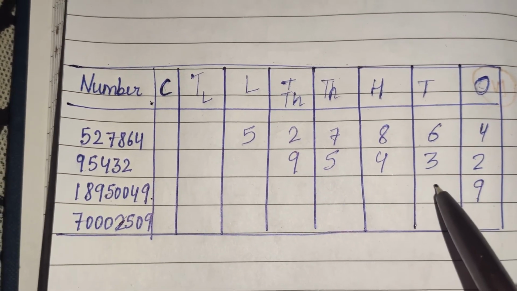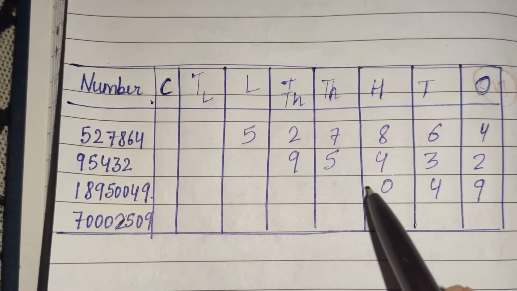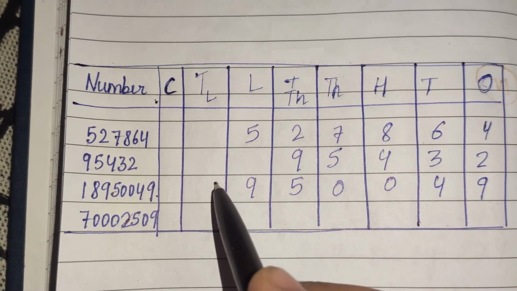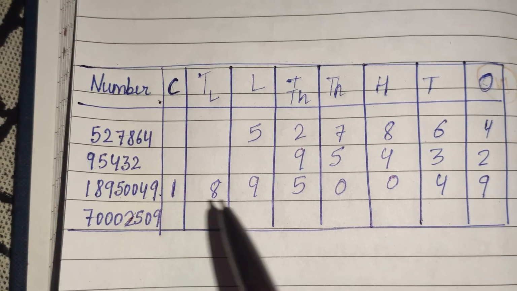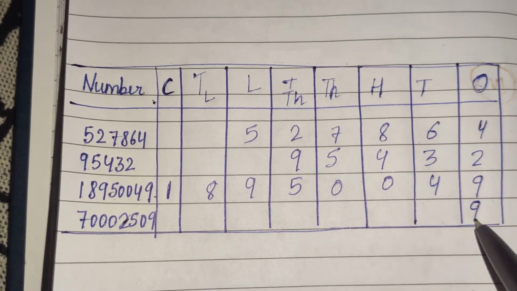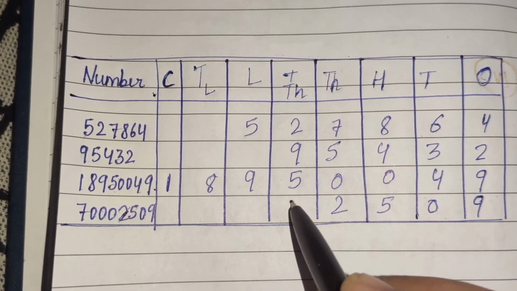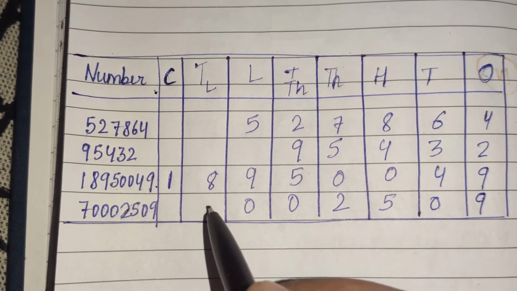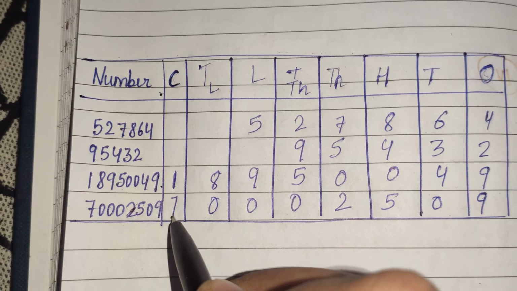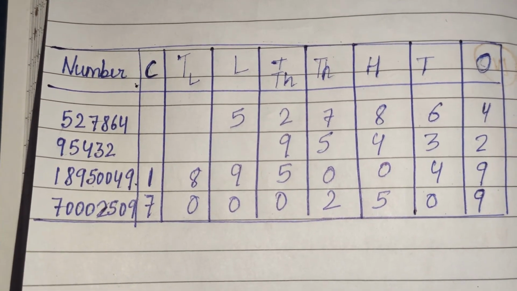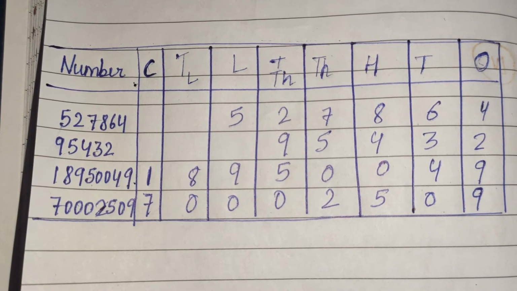Then 9, 4, 0, 0, 5, 9, 8, 1. Then 9, 0, 5, 2, 0, 0, 0, 7. Now here you can see, we have written all the numbers in the placement boxes.